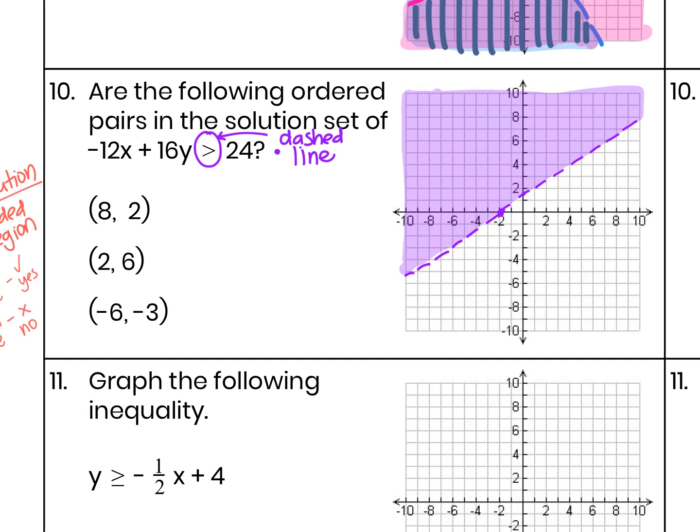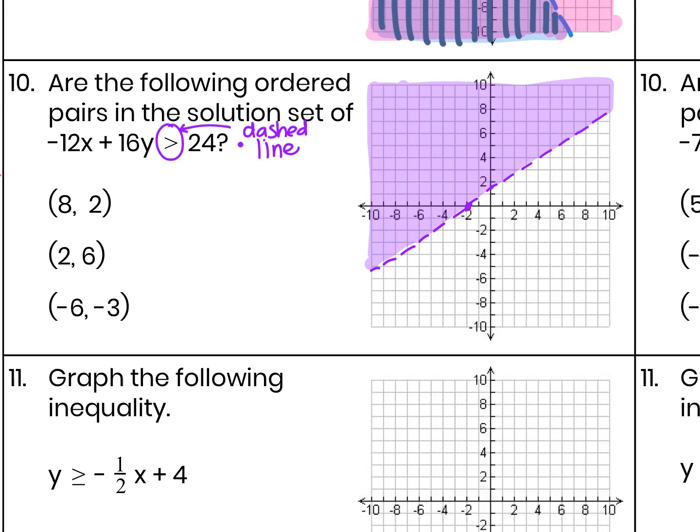So let's see what we have. We have the point 8, 2. So 8, 2, right here. It's in the white part. It's not part of the solution. Next point, 2, 6. Okay, it's in the shaded region, so this one is a yes.